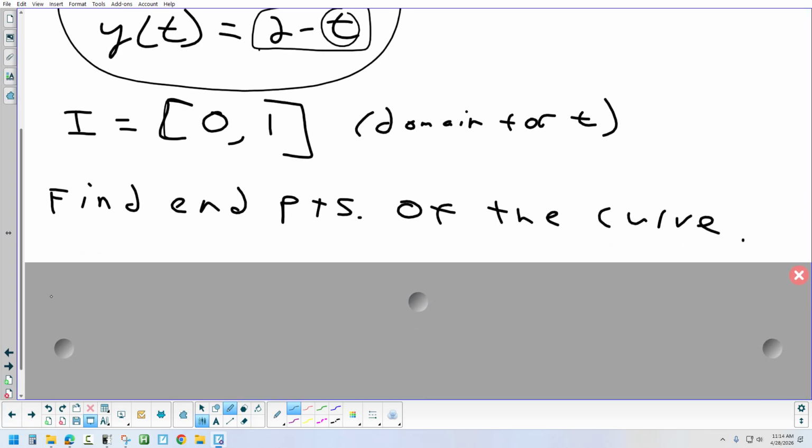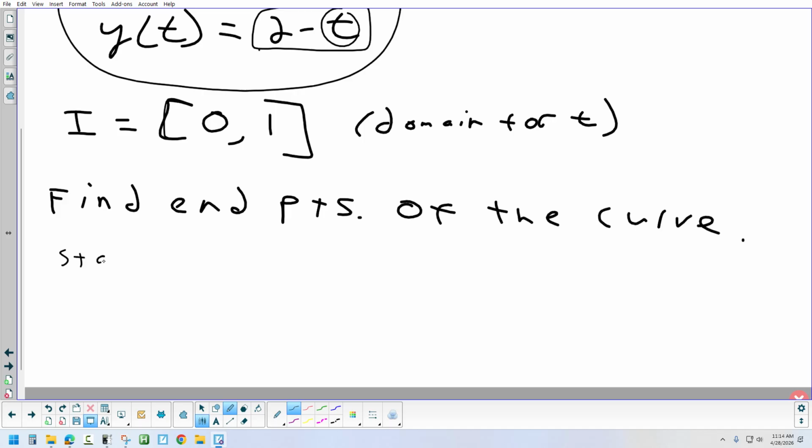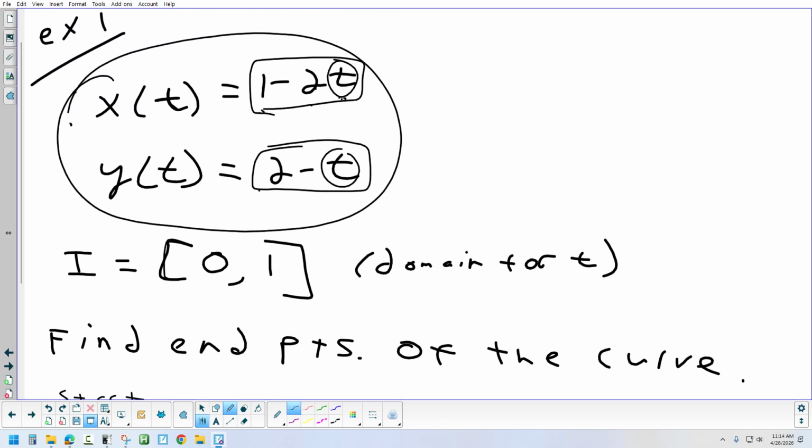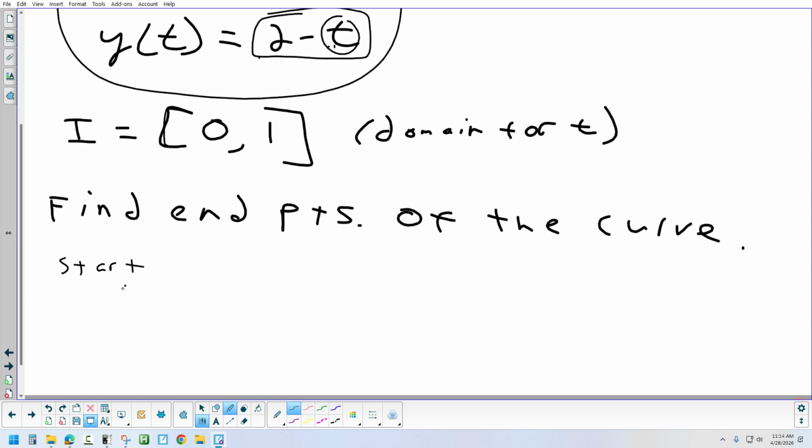0. So to find where the graph is going to start, we're going to take 0 and fill it in for t in both formulas. Plug 0 into the x formula, and then plug it into the y formula. But we've got to figure out what that comes up to.